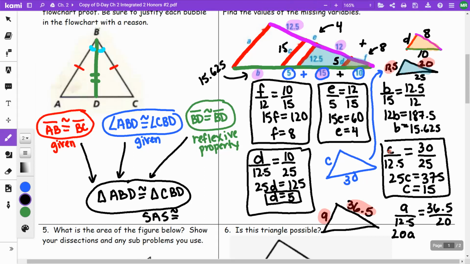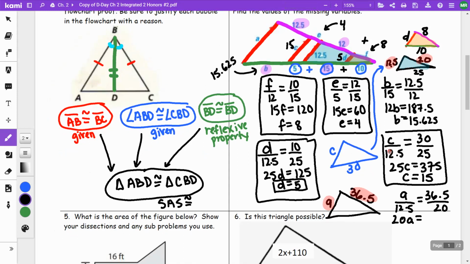I get 20A is equal to 12.5 times 36.5, 456.25. So A is going to be equal to 22.8125.